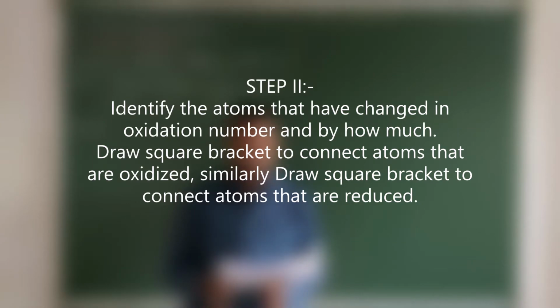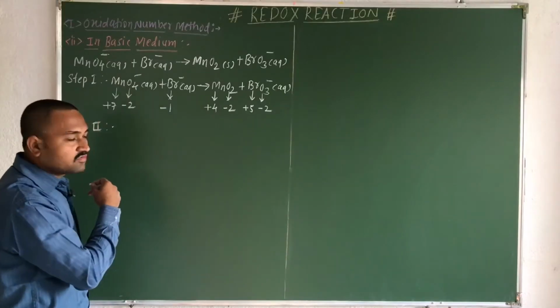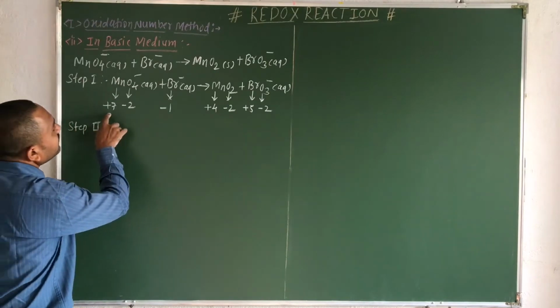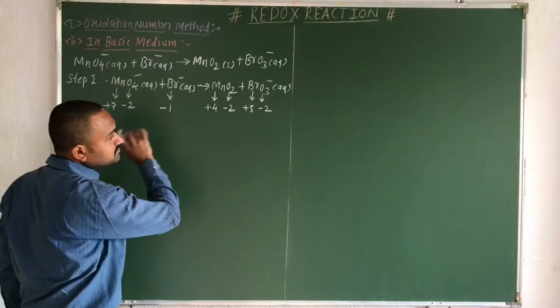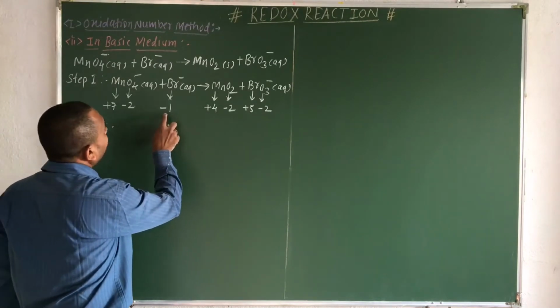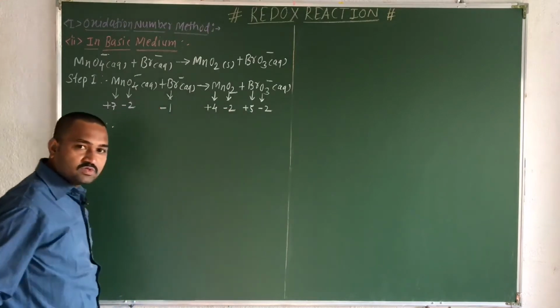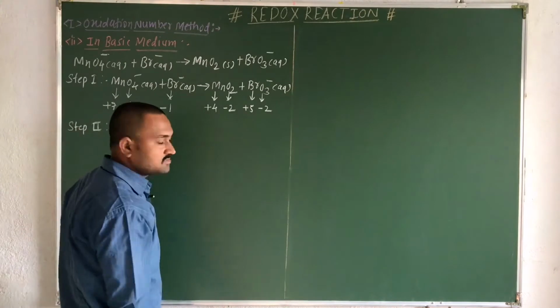Similarly, draw a bracket connecting the atoms of the element that are reduced. Here, manganese goes from plus 7 to plus 4. As there is a decrease in the oxidation number, this will be our reduction reaction. Bromine goes from minus 1 to plus 5. So there is an increase in the oxidation number, and that will be the oxidation process.